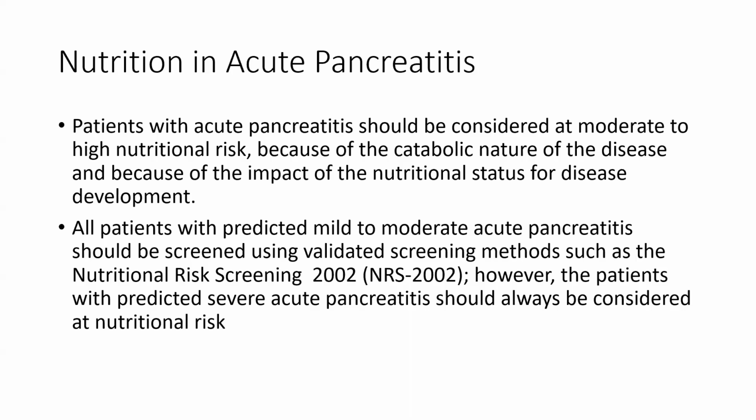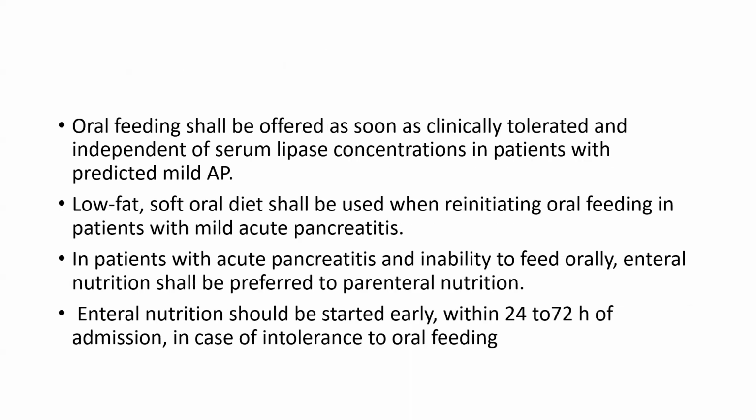However, patients with predicted severe acute pancreatitis should always be considered at nutritional risk. Oral feeding shall be offered as soon as clinically tolerated, independent of serum lipase concentration, in patients with predicted mild acute pancreatitis. A low fat, soft oral diet shall be used when reinitiating oral feeding in patients with mild acute pancreatitis.